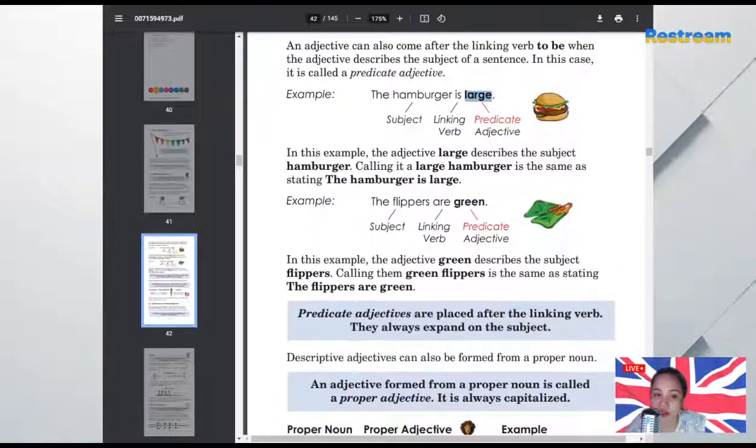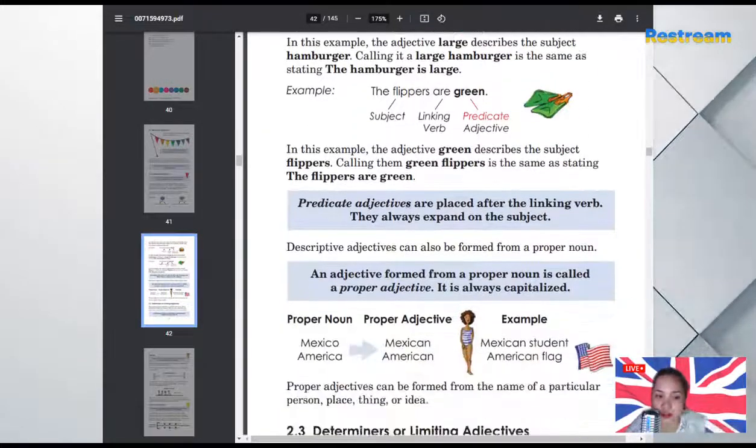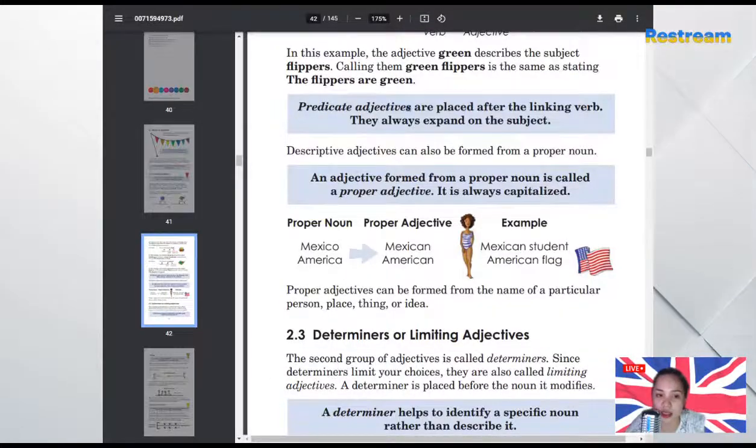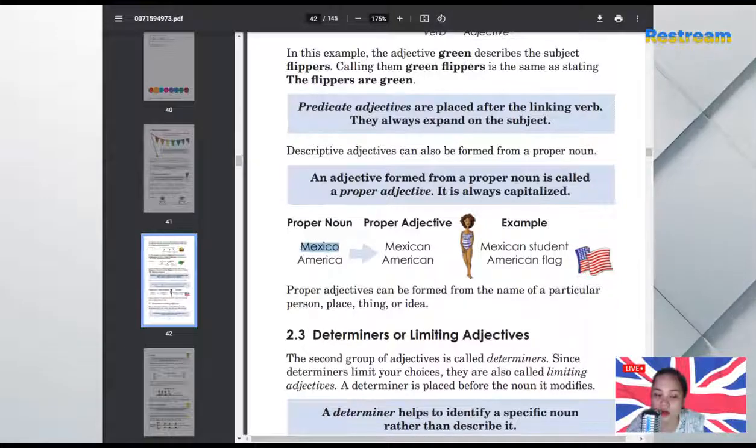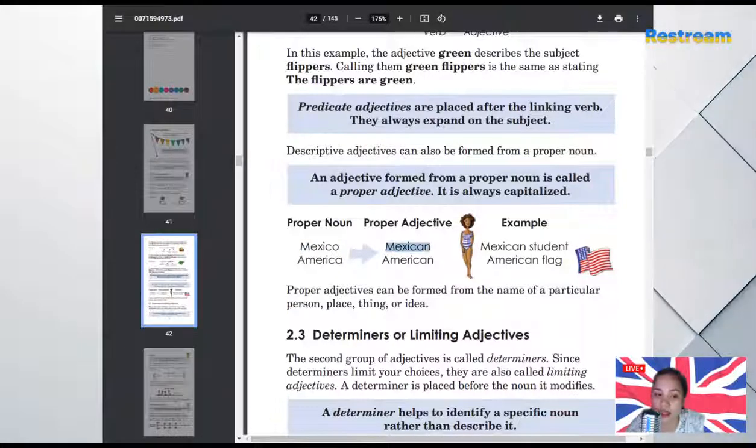For the next one, we also discuss here after the predicate adjective, we can also use the proper adjective. When you say proper adjective, it's like we use a proper noun to make it an adjective. So from Mexico, it becomes Mexican. Mexico is the name of a place, right?